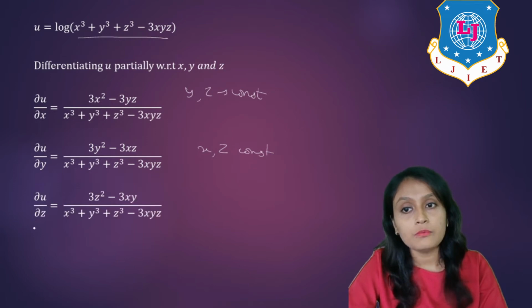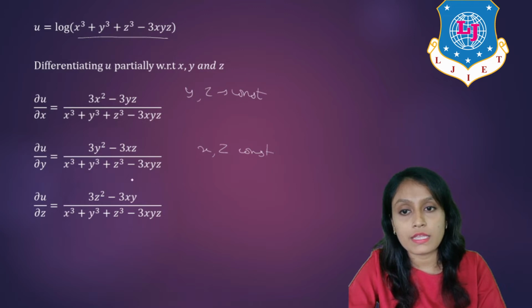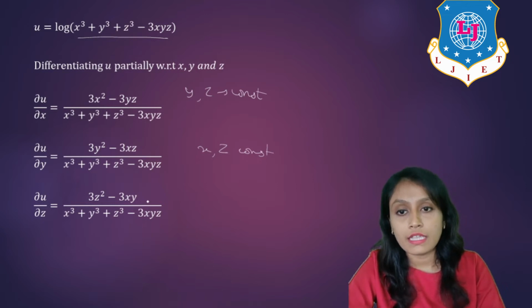Next, del u by del z. Again we take the derivative of u with respect to z. Same formula, 1 upon x cube plus y cube plus z cube minus 3xyz, and using chain rule, these two terms are 0, and from the remaining terms we get 3z square minus 3xy.